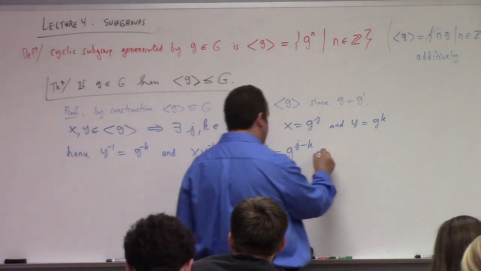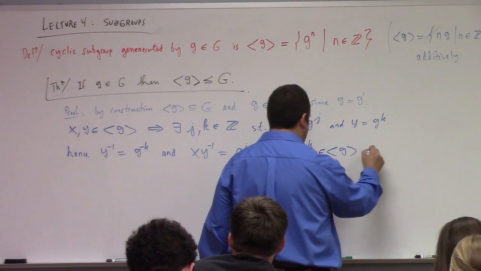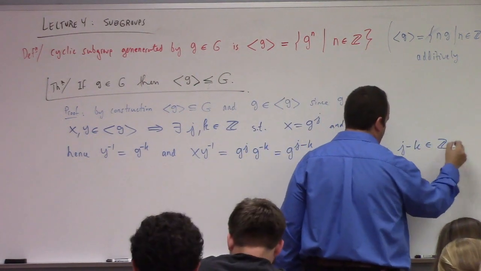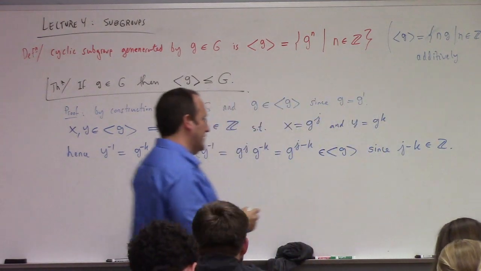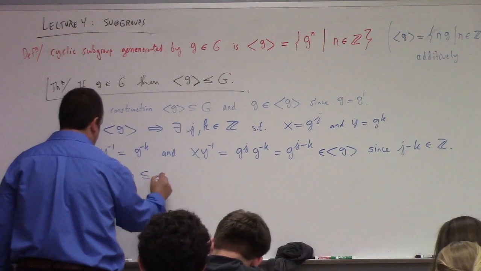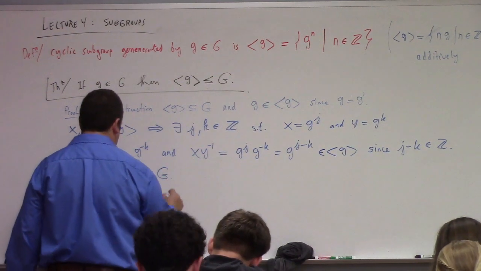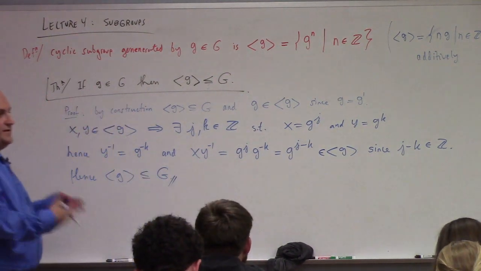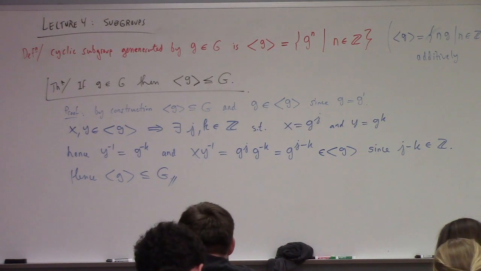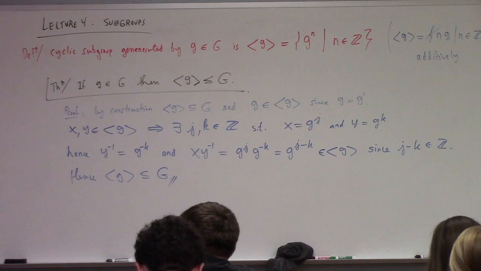This is, again, an element of the cyclic subgroup generated by g, since j minus k is an integer. And hence it is a subgroup of G, as claimed. Again, by the one-step subgroup test. I don't want to write that out again, if you don't mind. I would like for you to write it in proofs.